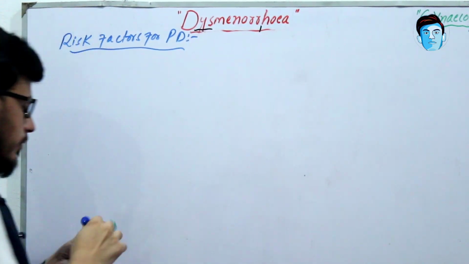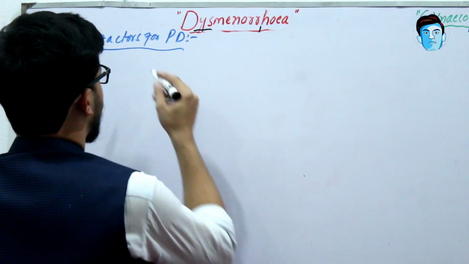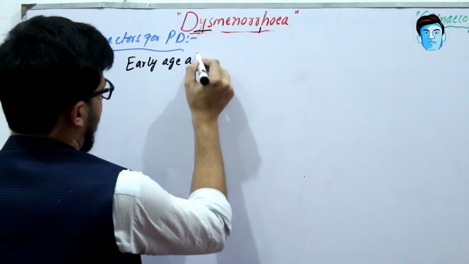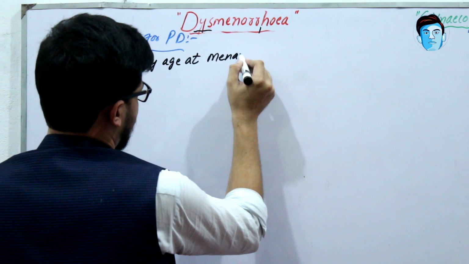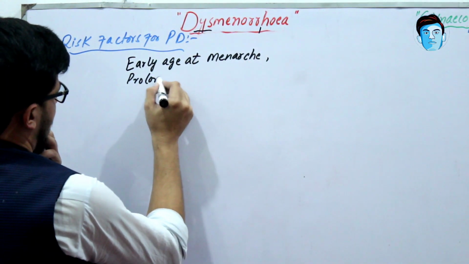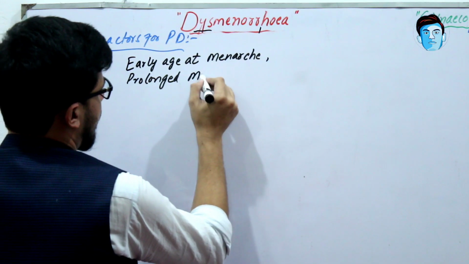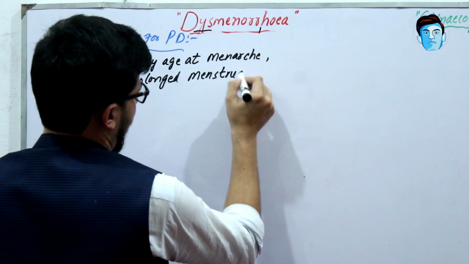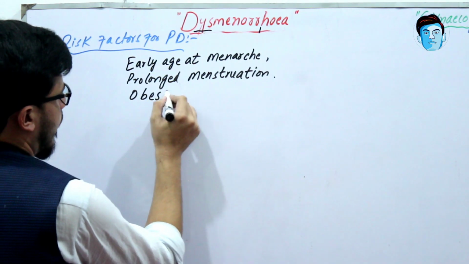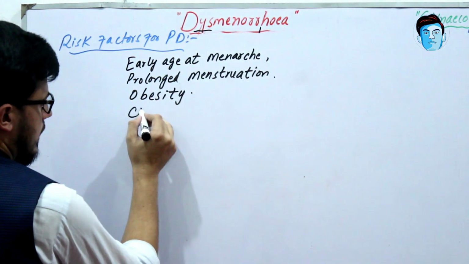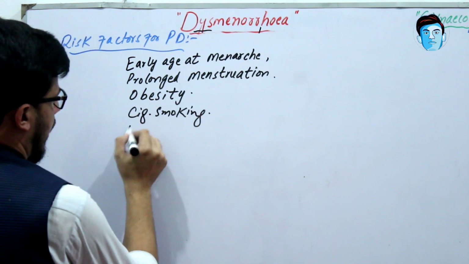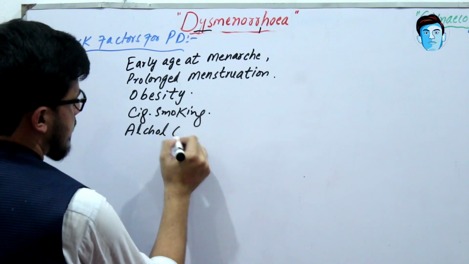The risk factors are early age at menarche and prolonged menstruation. Also there is obesity, cigarette smoking, and alcohol consumption.